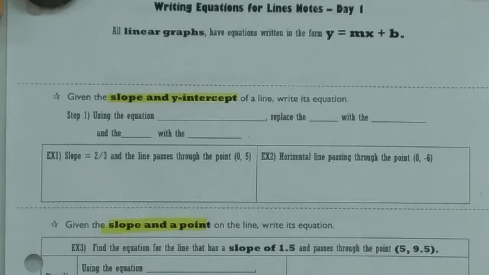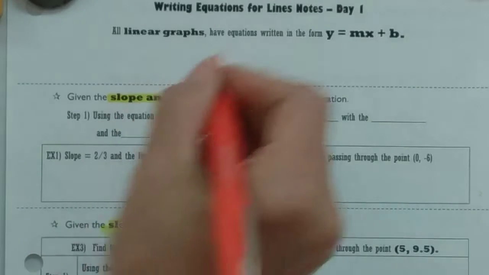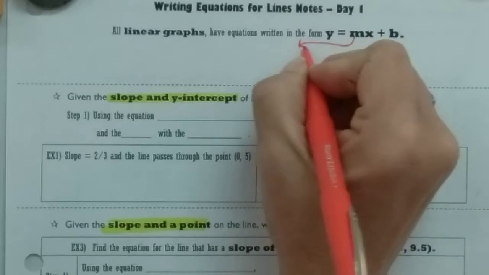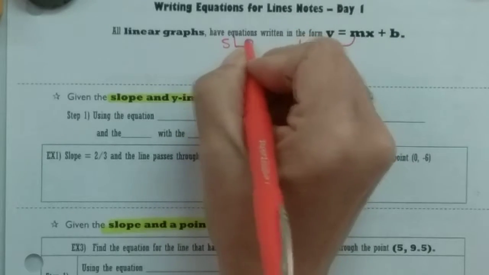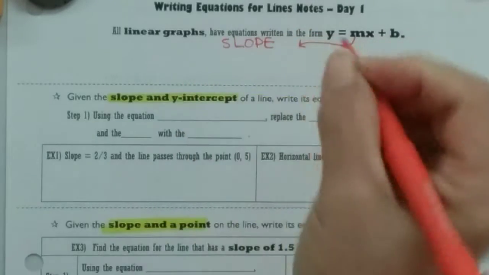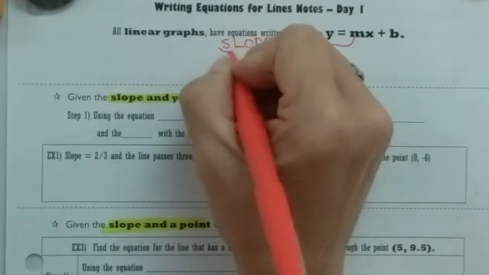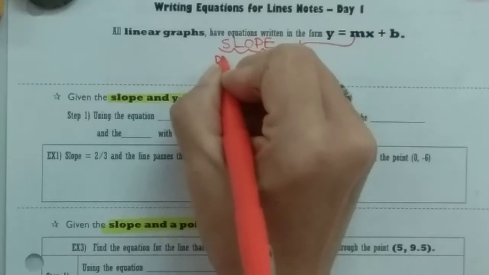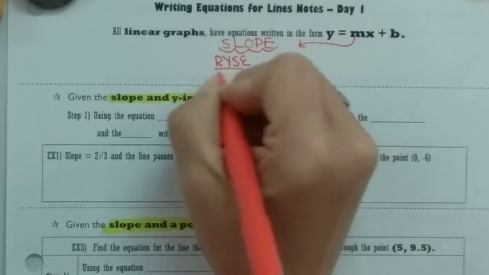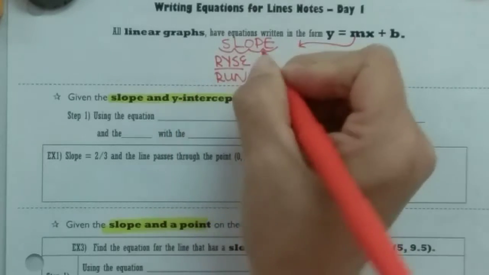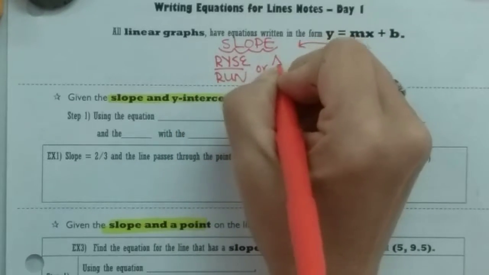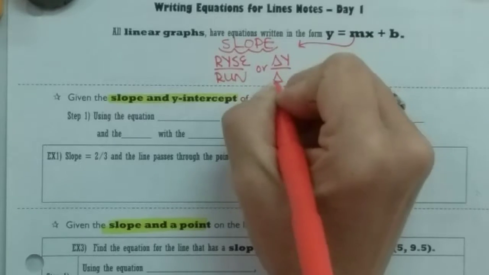So let's recall that all linear graphs have the equation written in the form y equals mx plus b. And we should know that m is the slope, and we know that slope is your rise over your run, or an easier way to write it is delta y over delta x.